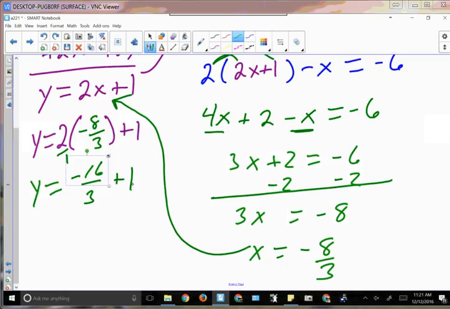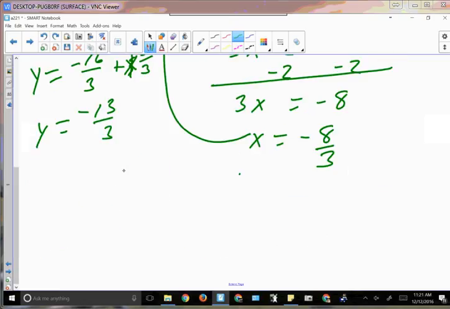I'll make the 1 with a common denominator, 3/3, so we get y is equal to negative 13/3. So the coordinates are negative 8/3, comma, negative 13/3.